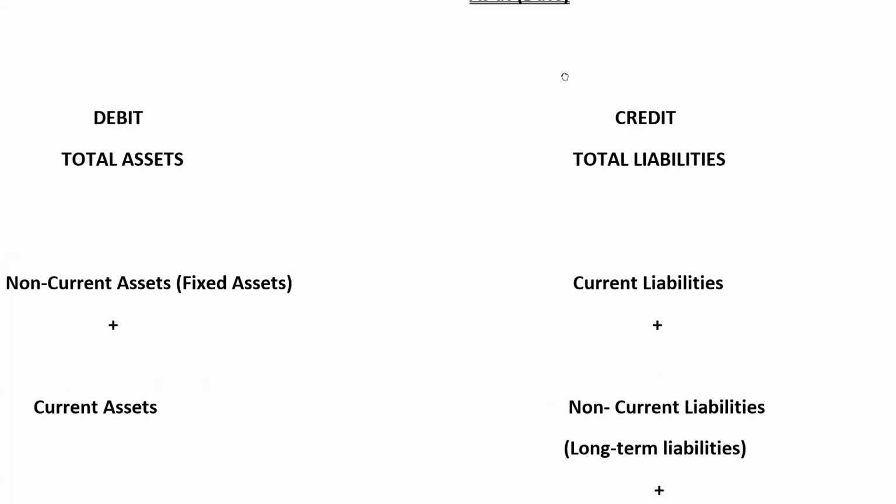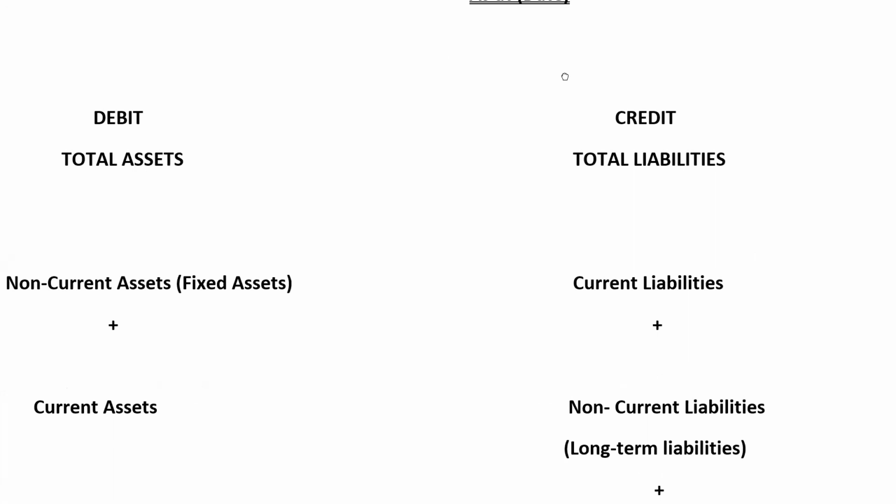Of course, it's your debit side, which is the left-hand side of the balance sheet, where you record your total assets. On the right side of your balance sheet, which is your credit side, you record your total liabilities.